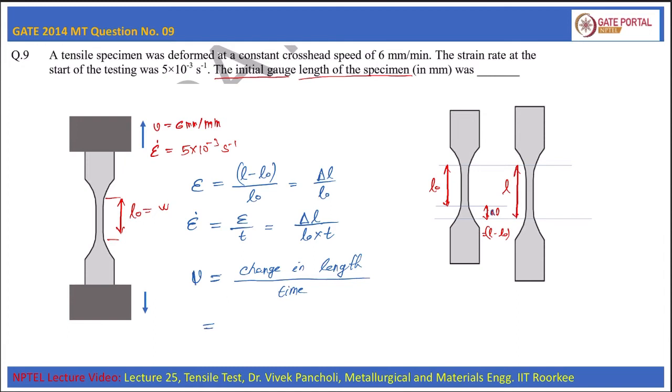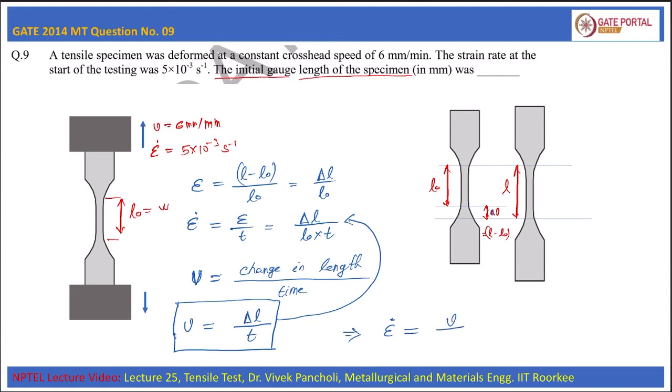In this case, change in length is delta L and time is T, so V is delta L by T. So now if we substitute delta L by T in this equation, we will get epsilon dot, the strain rate, is equal to V by L0, or L0 is equal to V by epsilon dot.